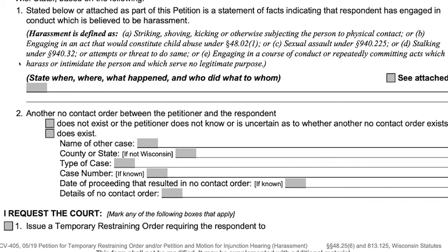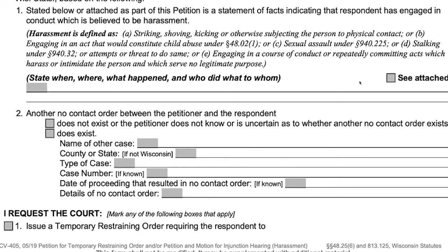So below this explanation in paragraph 1, you'll see that the form gives you 2 lines to explain what's going on and why you need protection from the respondent. I doubt this is enough space for most people, and I think they understand that too. That's why they give you the C attached.